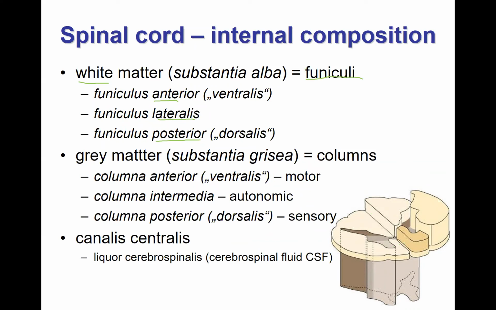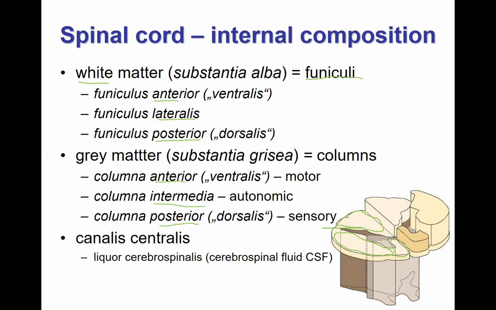So you can see the anterior here, the lateral here, which are supplied by the anterior spinal artery, and the posterior here. Then the gray matter forms also an anterior, posterior, and a third one, which is called the intermediate column.